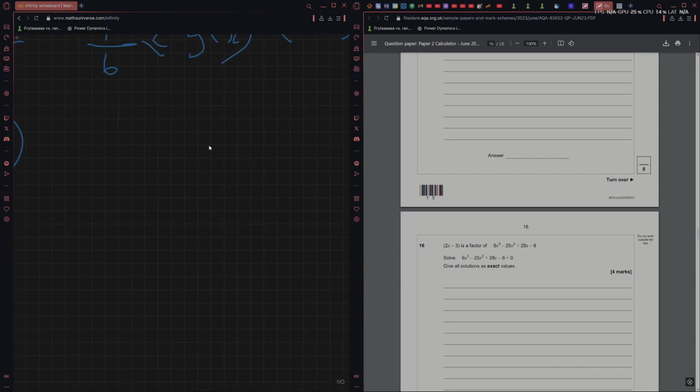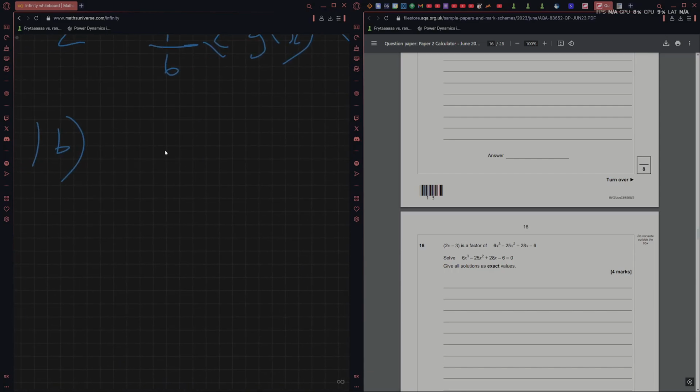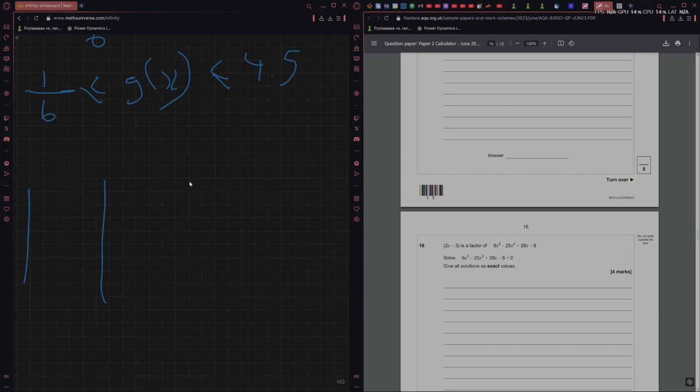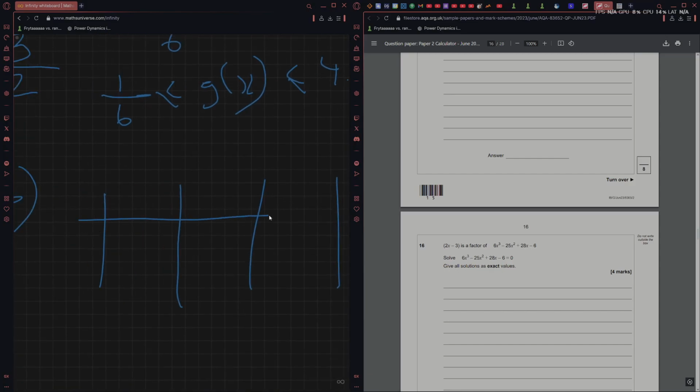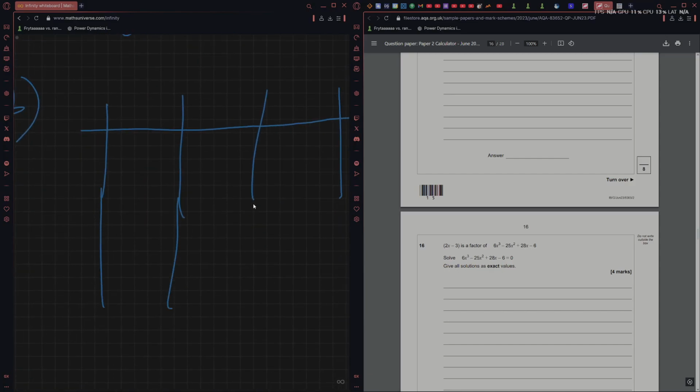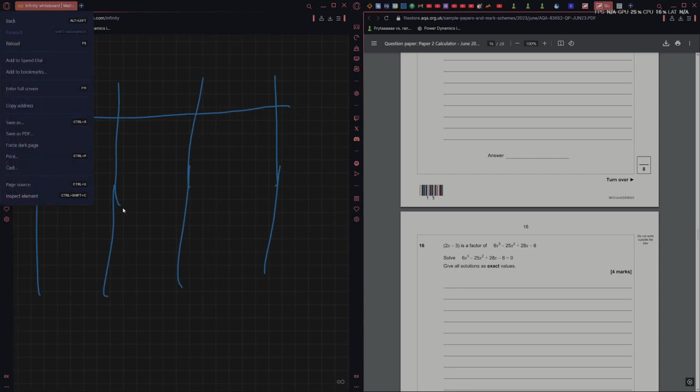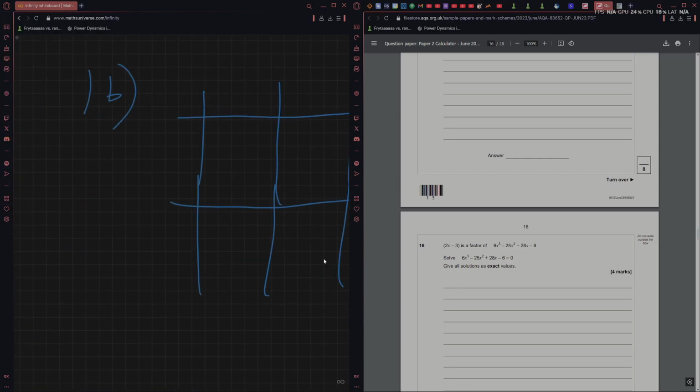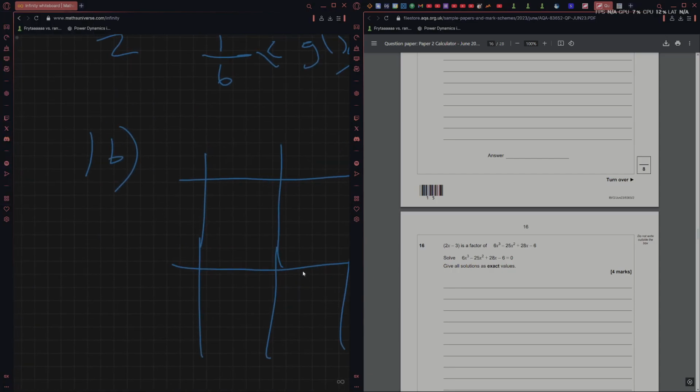We're not going to do overcomplicated algebraic long division, we're just going to do our little table method. Just going to draw a table real quick. We have the 6x cubed, this is the 2x, this is the -3. Divide 6x cubed by 2x, you get 3x squared.